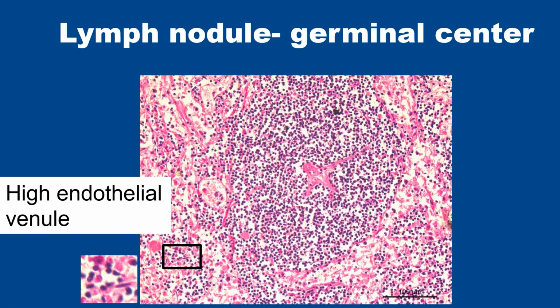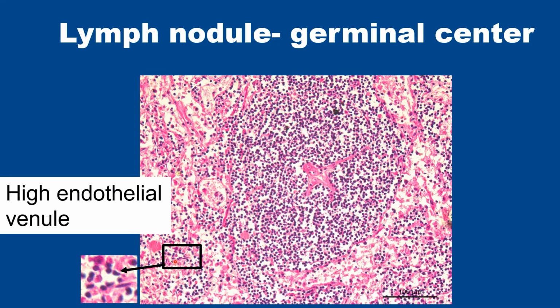The germinal center of the lymphatic nodule contains highly packed lymphocytes, and at the periphery of these germinal centers, there are special types of veins.